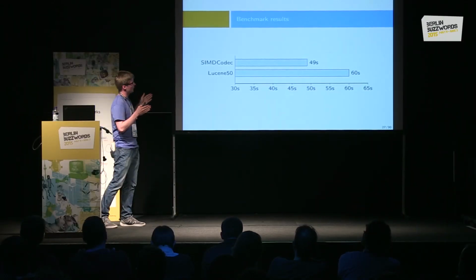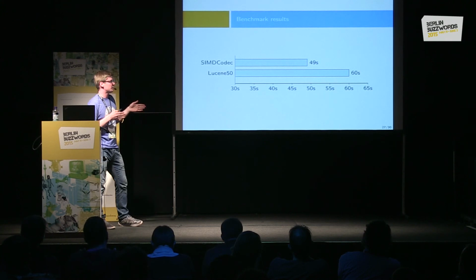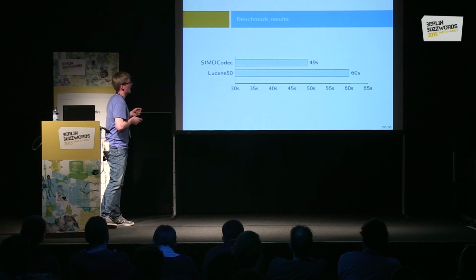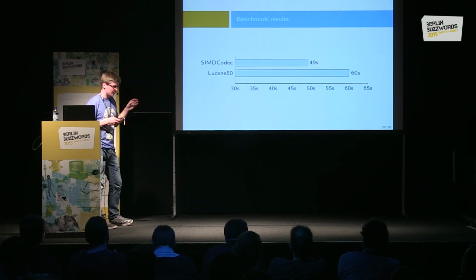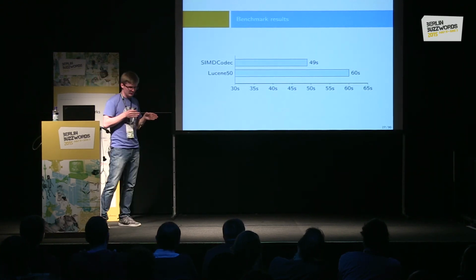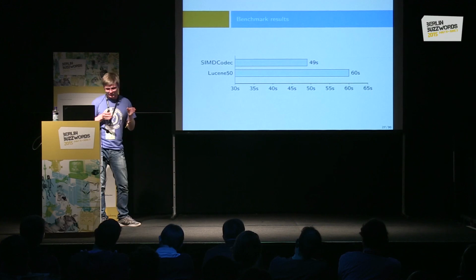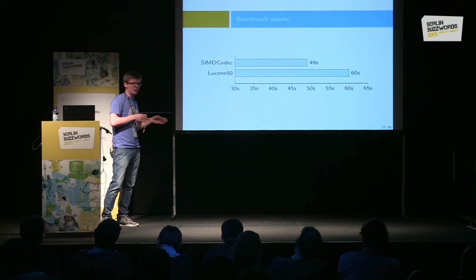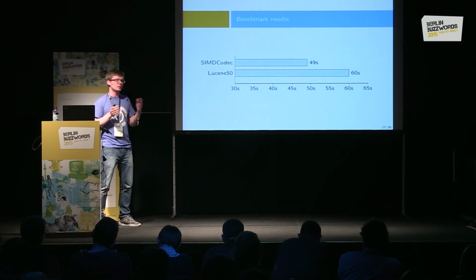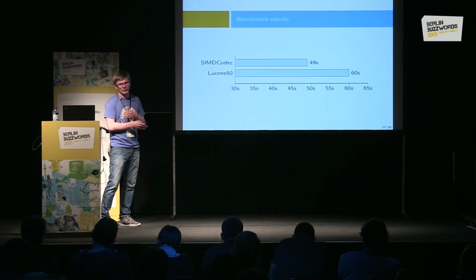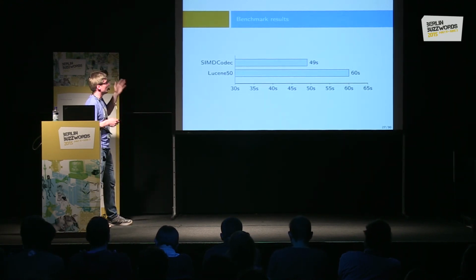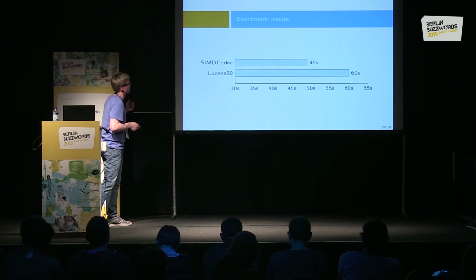So the time the codec spends in encode and decode was significantly reduced. Both codecs produce the same index. The index is binary compatible between the two codecs. We can encode it by the Java codec and read it by the native codec and vice versa. So I think this is also good.